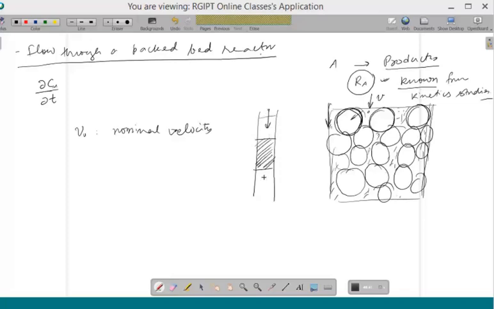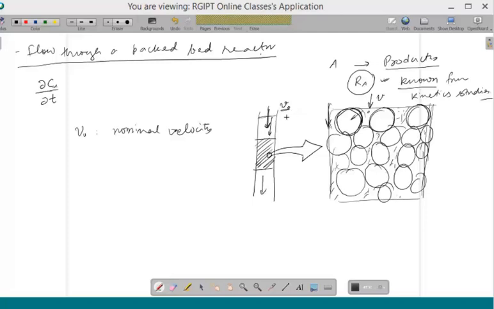This is what I have kind of magnified here. This is a magnified view of your bed. So you can say that this probably looks like this. Now here there will be some kind of velocity v naught, which is called nominal velocity, by which this fluid will be moving this way.